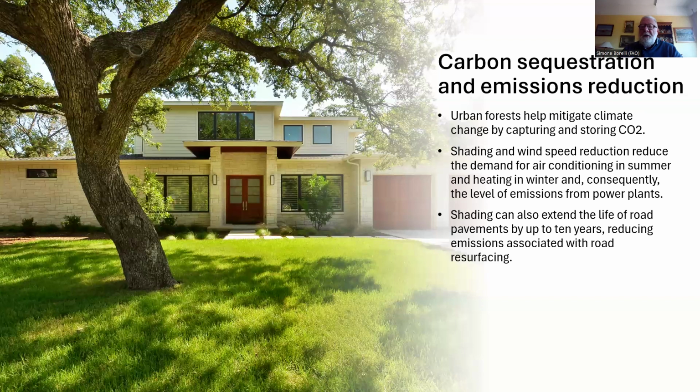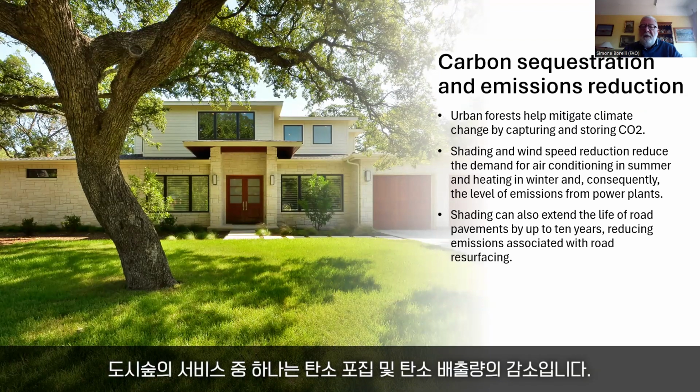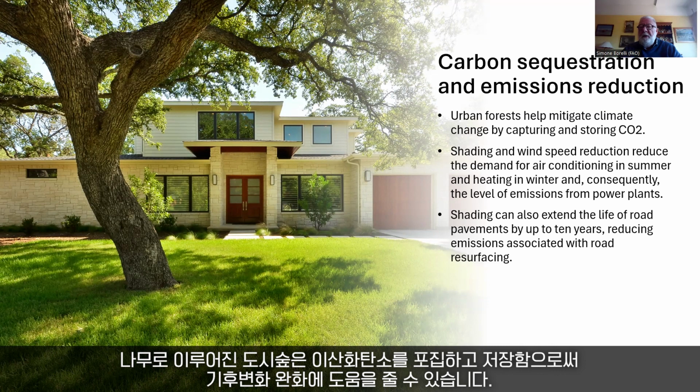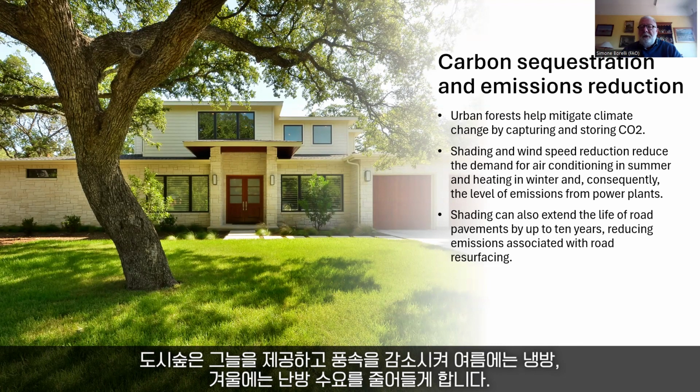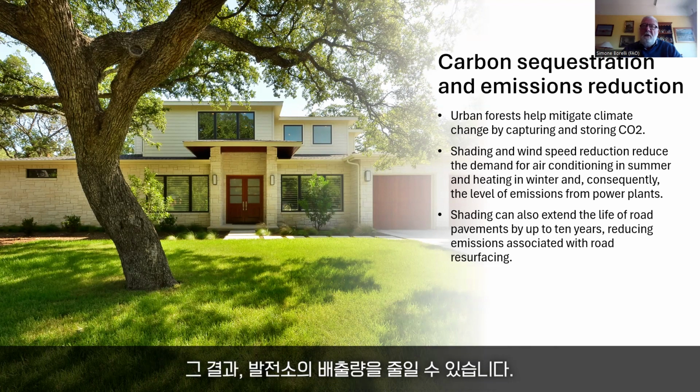Now, a first service that our urban forests and trees provide is carbon sequestration and emission reduction. Of course, urban forests are formed of trees, and these can help mitigate climate change by capturing and storing CO2. Also, shading and wind speed reduction reduce the demand for air conditioning in the summer and heating in the winter, and consequently, they can reduce the level of emissions from power plants.